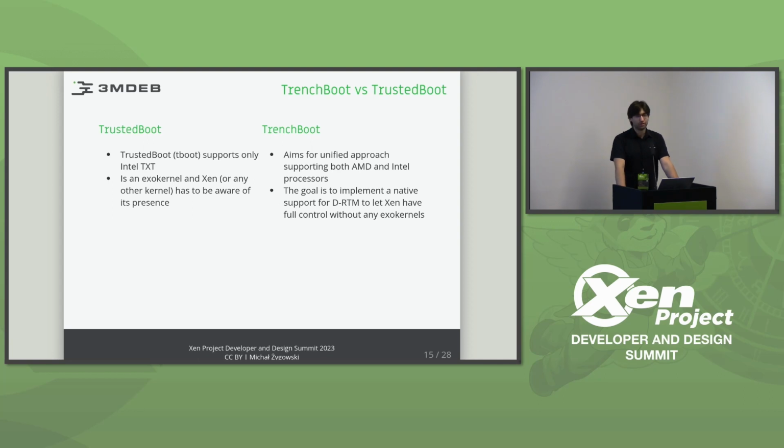In TrenchBoot, we try to cover multiple silicon vendors as well as multiple architectures. So the first goal in our work was to replace tboot with a TrenchBoot implementation, and possibly open a way to enable AMD platforms to benefit from dynamic launching of a hypervisor as well.